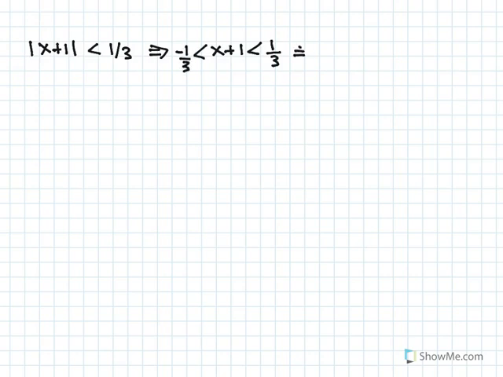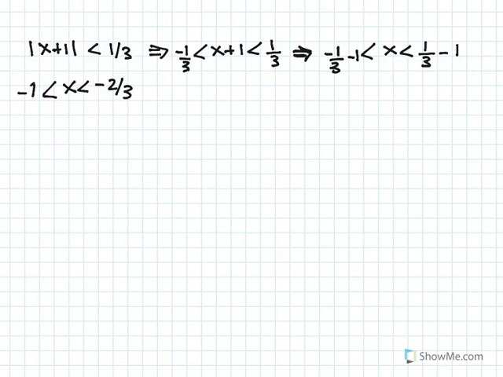Subtract 1 from every term, so we get x is less than 1/3 minus 1, larger than negative 1/3 minus 1. And simplifying this, we get x is less than negative 2/3 and larger than negative 4/3.